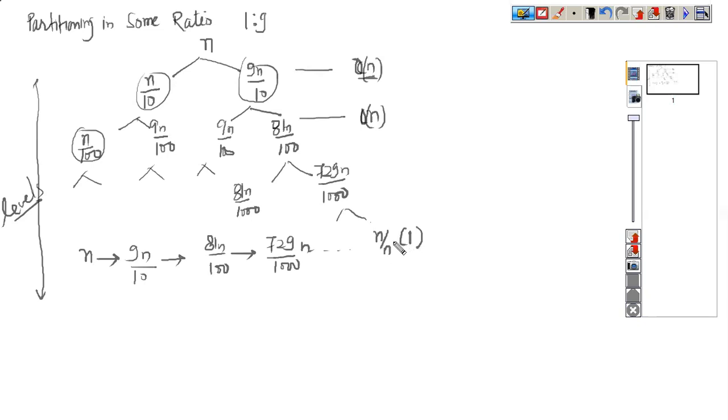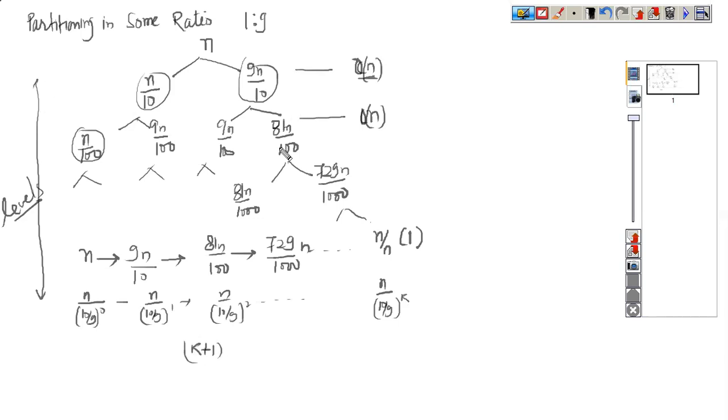This is what we need to get to stop. Now we can also represent this as n by (10 by 9) power 0, n by (10 by 9) power 1, n by (10 by 9) power 2, and so on, n by (10 by 9) power k. That means we have reached up to level k. So total levels will be 0 to k, meaning k plus 1 levels.